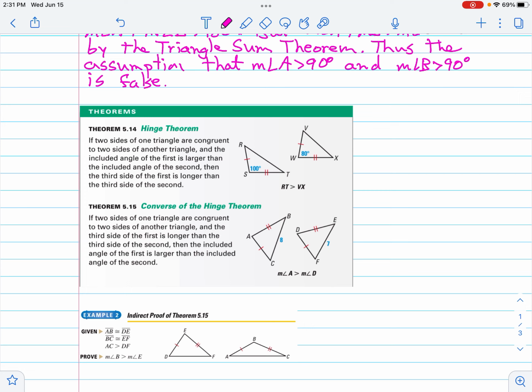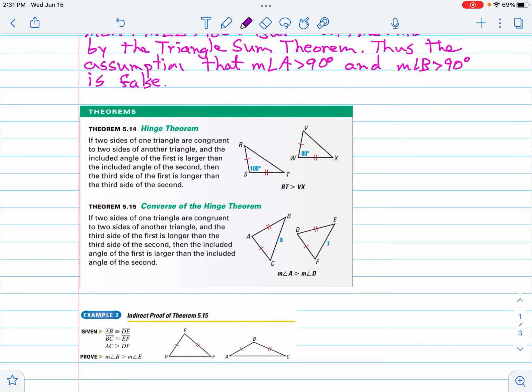When you have that situation, the side opposite the larger angle is going to be longer. So in other words, we know right away that this side is longer than this side. That's if this side and this side match up to these over here and are congruent.